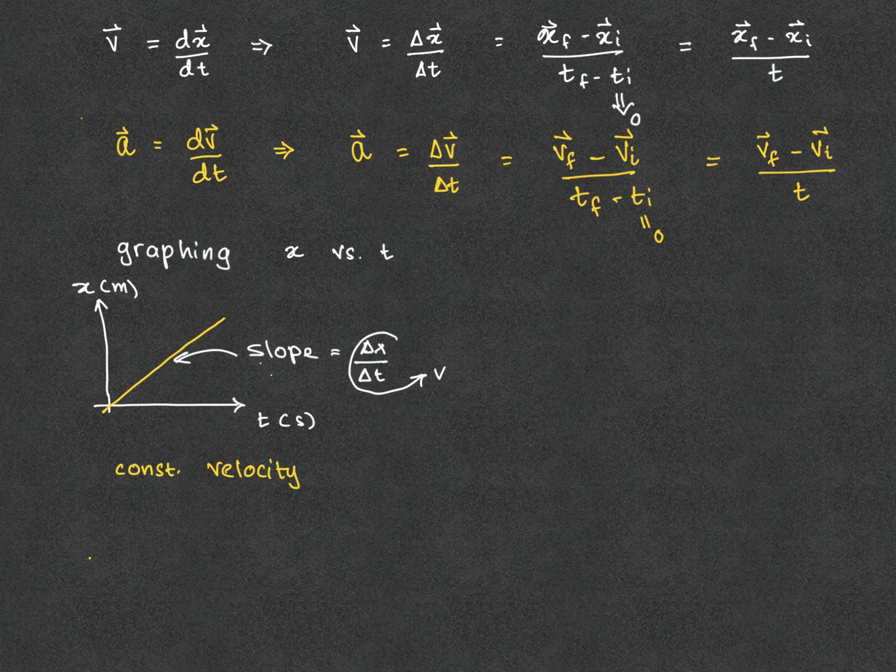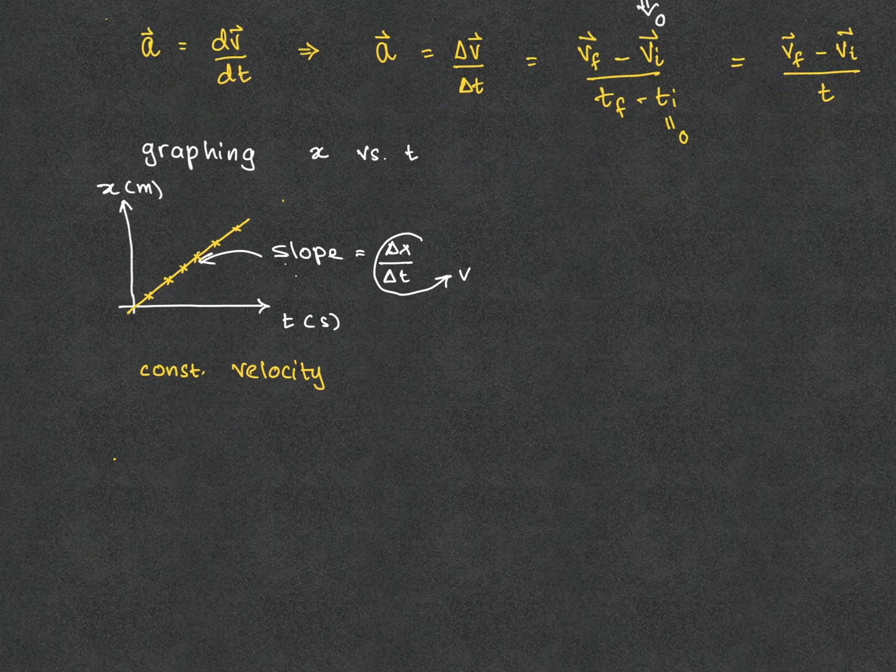So throughout this motion, you can see the slope stays a constant. All these points, if you want to draw a tangent line, you will see that they all represent the same slope.